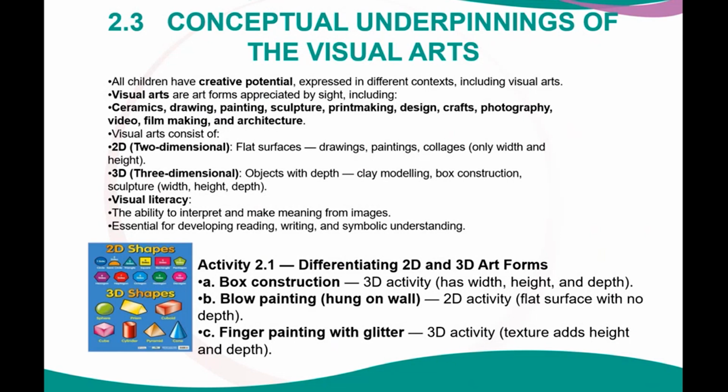So it's very important for you to look at the study guide, understand the difference between the two-dimensional and three-dimensional shapes. And activity 2.1 is also asking you to study the diagram in figure 2.1, which is also on the screen at the moment. And then you answer the questions that follow, just so you understand box construction in terms of 3D activities, paintings hung on the wall, finger painting with glitter, all of those things that can create texture, height, depth, and also understand that's 3D, and then 2D is basically flat surface with no depth.